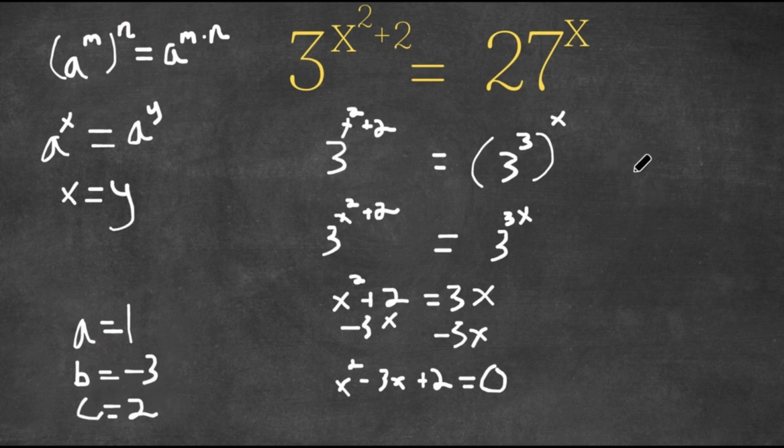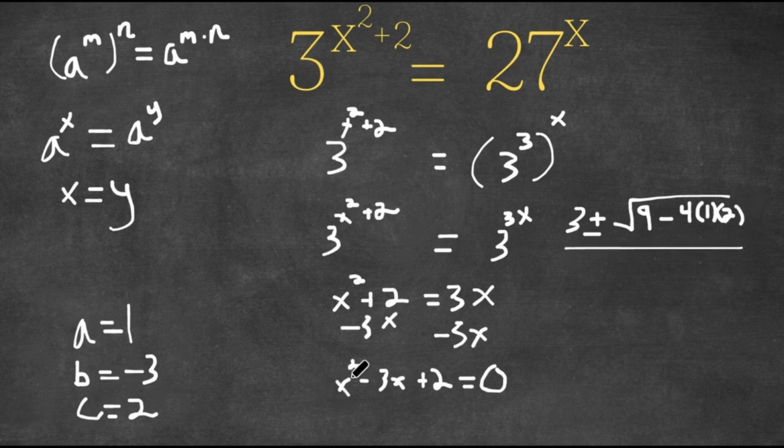So now if we plug this into the formula, we get negative b, so 3, plus or minus the square root of negative 3 squared, which is 9, minus 4 times 1 times c, which is 2. And we are dividing this by 2 times 1, which is simply 2.